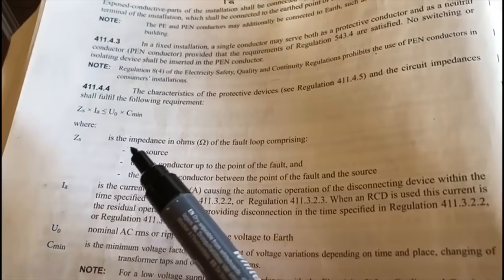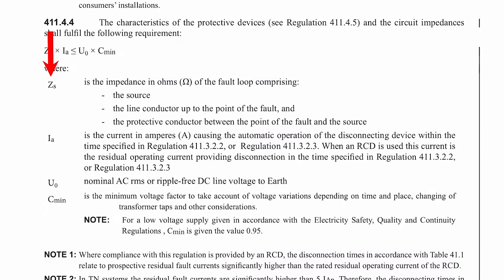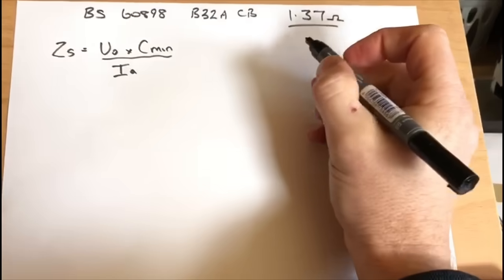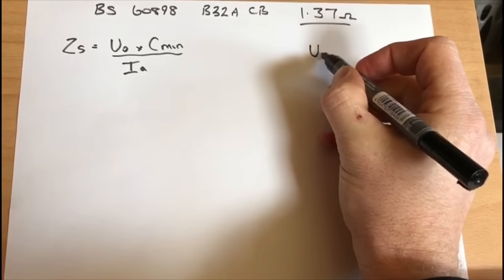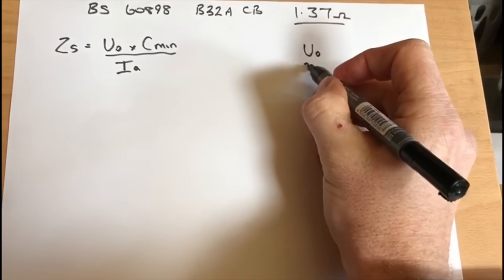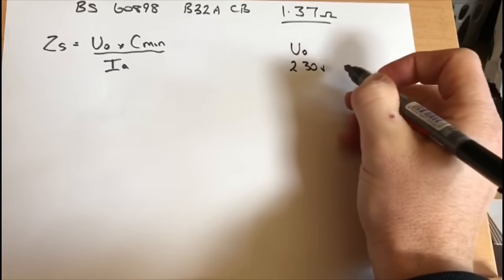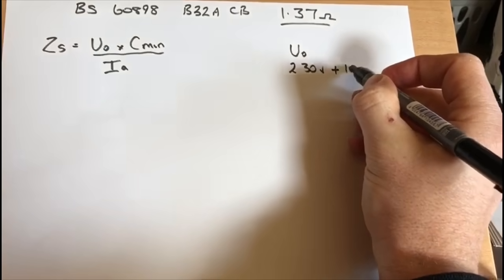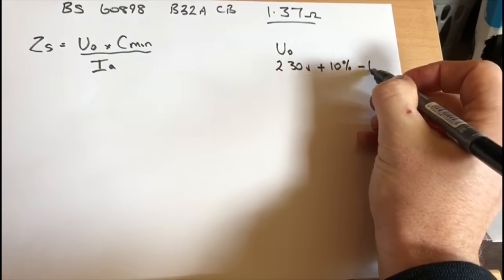As you can see, ZS is the loop impedance, IA is the current that causes automatic disconnection, UO is the nominal voltage, and C min, this is the important thing, is the minimum voltage factor to take into account voltage variations depending on the time and place, changing of the transformer taps, etc. So we know that the nominal voltage is 230 volts, but that's actually plus 10% or minus 6%.